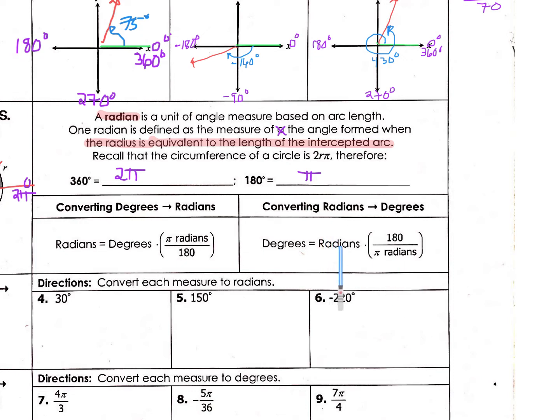So your radian measure would be like, I don't know, 4 pi over 3. So you would multiply 4 pi over 3, because radians tends to be, not always, but radians tends to have pi in its value. And so we want to put our pi in our conversion in the denominator so it will cross cancel.